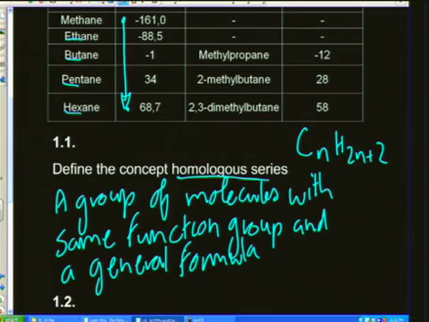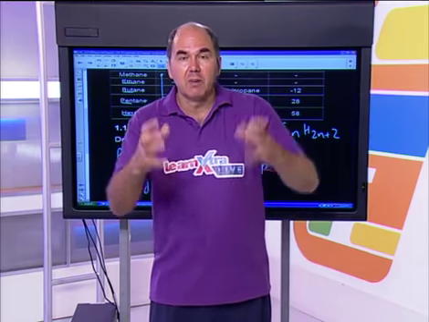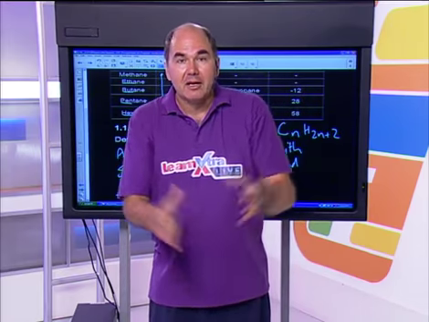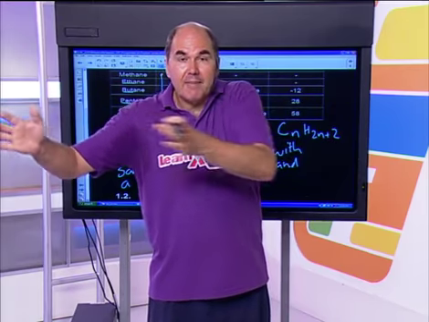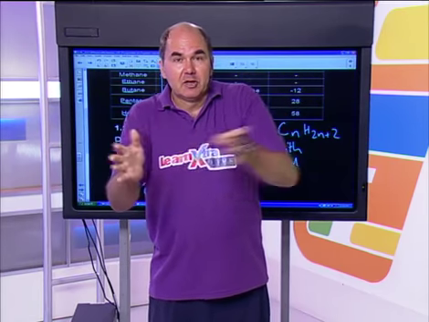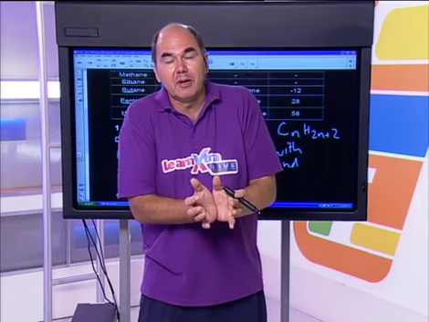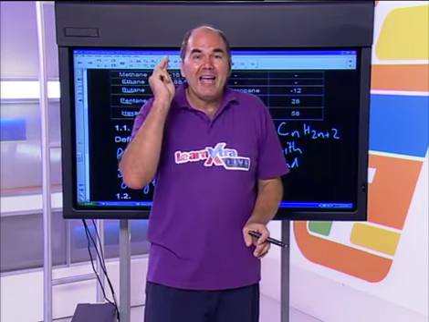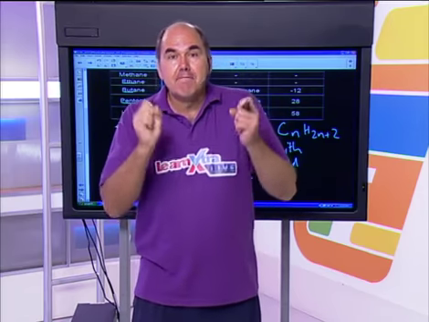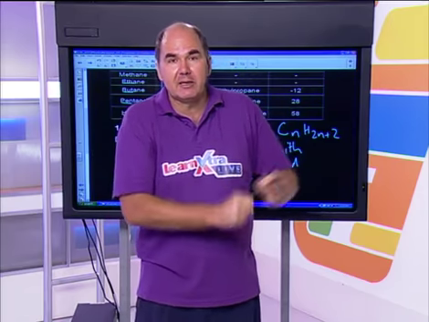What do we mean by this word functional group? This is the characteristic of what makes the molecules belong to that family. So they all fit in with the same naming structure. If you think about a traditional family, everyone has the same surname. In this homologous series, everyone has the same general formula. But they also have a shared characteristic that makes them behave in a particular way.